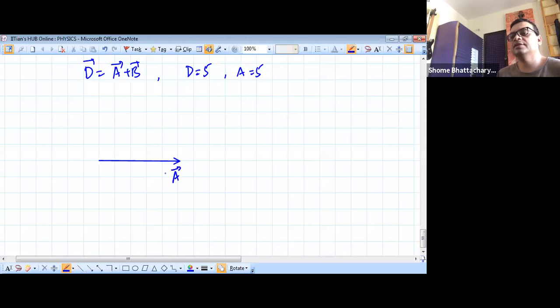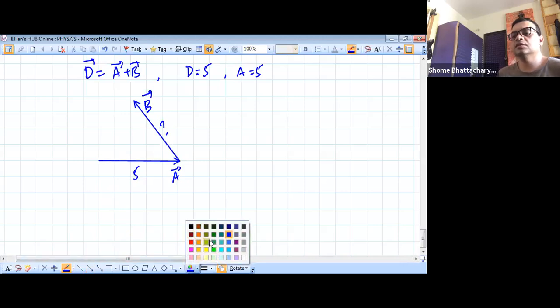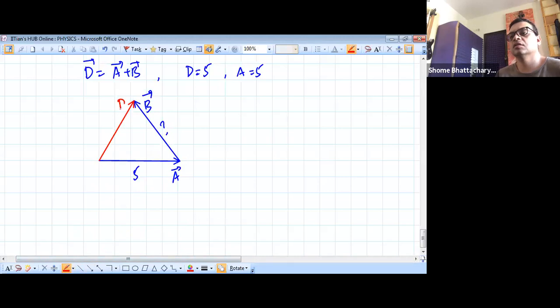It is a vector of magnitude 5. But there we had 2B. Here we have only B. So in comparison, B will have to look like this. Its magnitude is unknown. And the sum of these two is the vector D, whose magnitude is given. How much is it? It is 5 also. And this angle theta between A and B is the same.